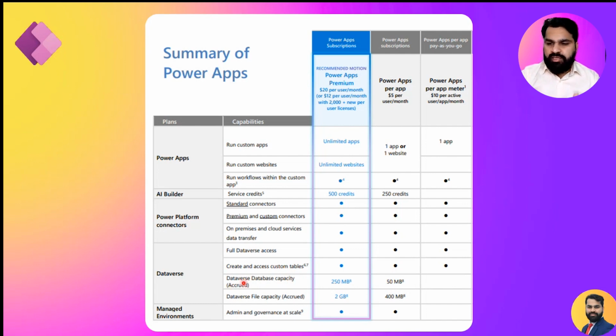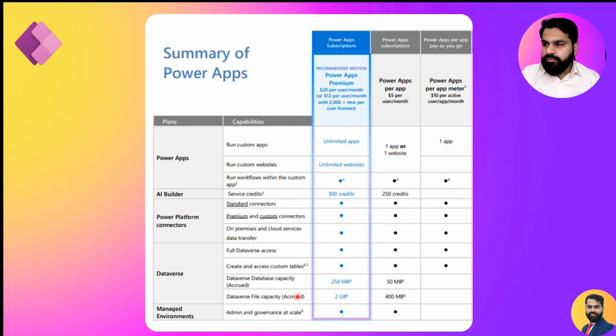Now Dataverse comes with a couple of different types of capacities. One is database capacity, then we have the file storage capacity also. So in this case, per user, per license, 250 MB of database storage will be acquired to the tenant, and then 2 GB of file capacity will be acquired to the tenant.